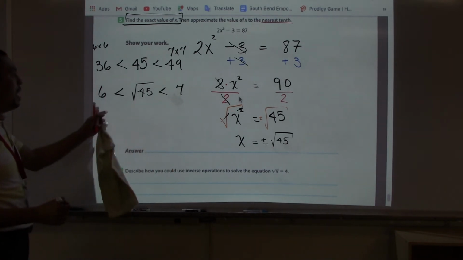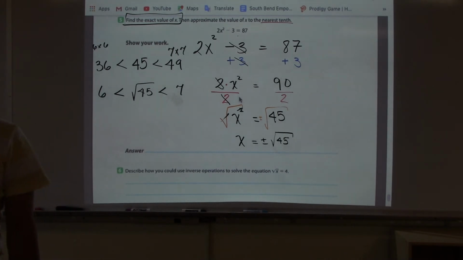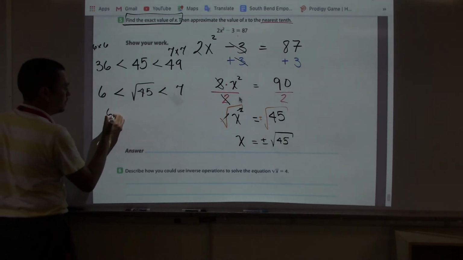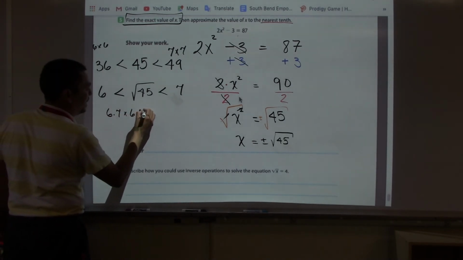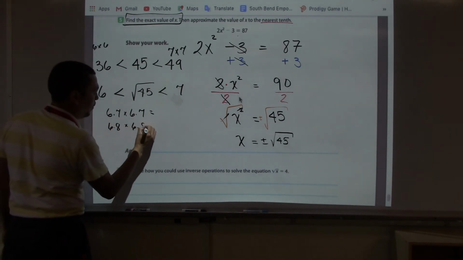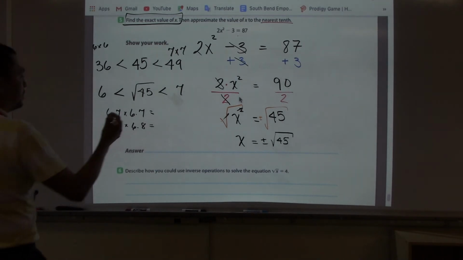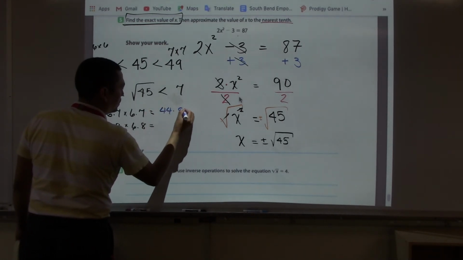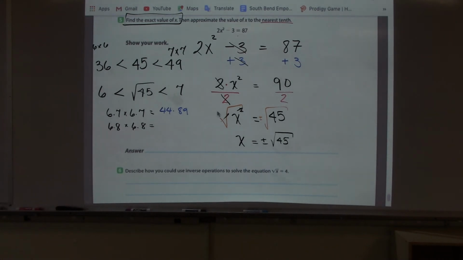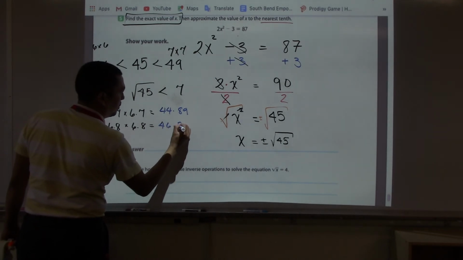Okay, so now we need to find a number that multiplied by itself will give you something close to 45. And because this has been a long video, I'm going to try 6.7 times 6.7, and then 6.8 times 6.8. Using multiplication, those two give you 44.89 and 46.24.